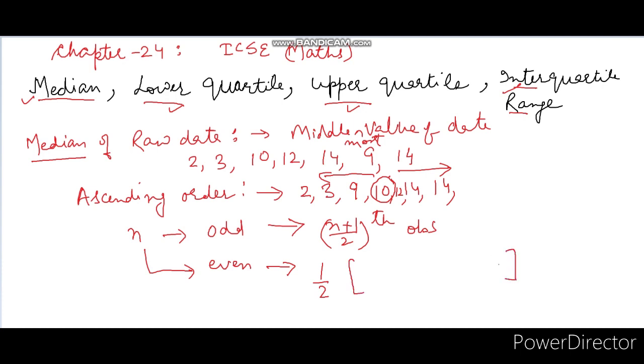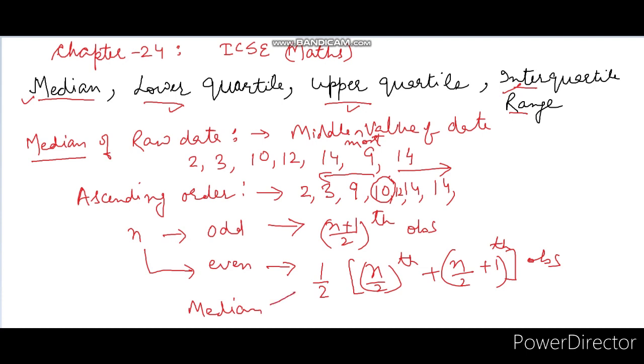The formula becomes half, because we are taking the average: the n by 2th observation plus the next one, the n by 2 plus 1th observation. Whatever the observation at this place, that will be the answer for our median.